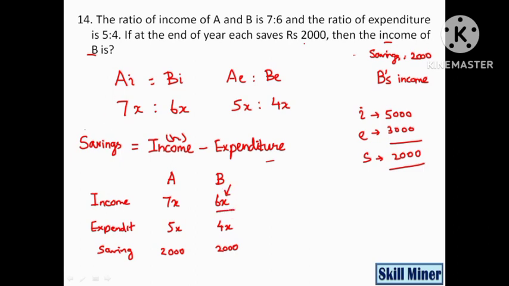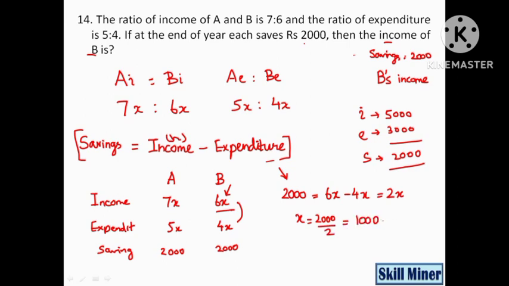We have the formula saving is equal to income minus expenditure, which means saving 2000 rupees is equal to income minus expenditure, that is 6x minus 4x, which is equal to 2x. So x will be 2000 divided by 2, which is equal to 1000 rupees.